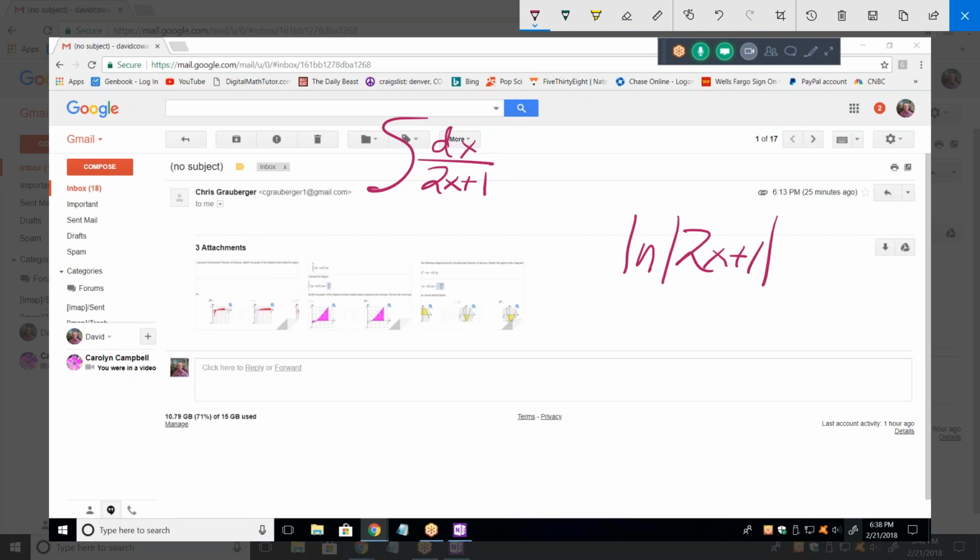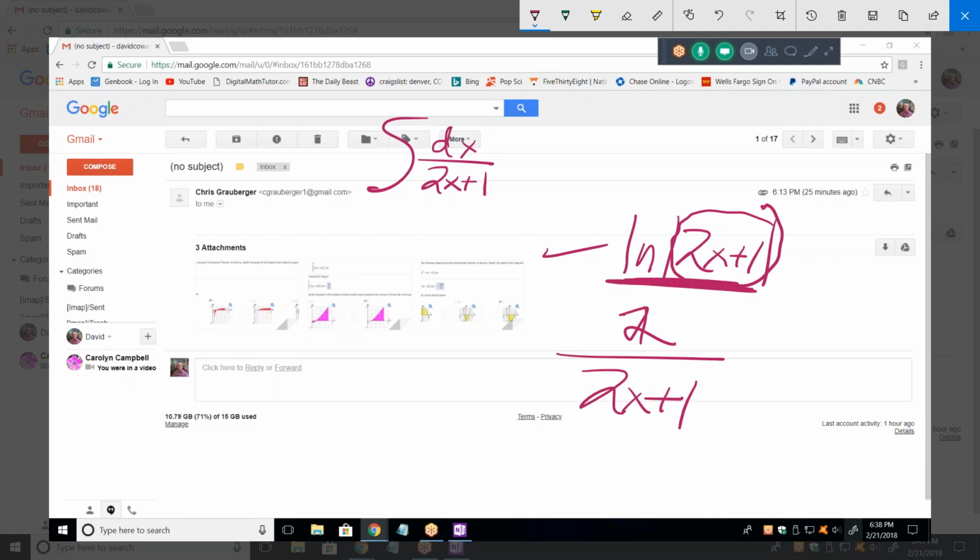But if I take the derivative of that, I get 1 over 2x plus 1, but then I have to apply the chain rule and multiply it by the derivative of the inside, which is that. So that is not the answer. So let's use u substitution.